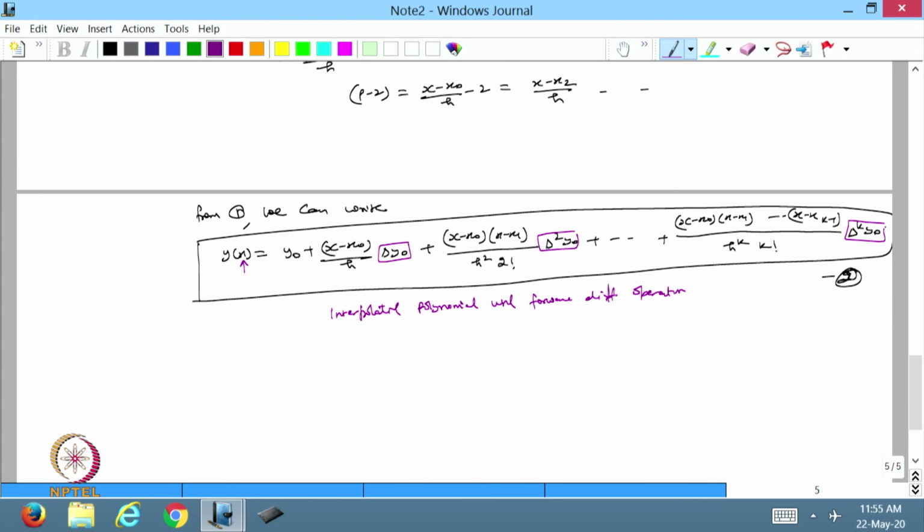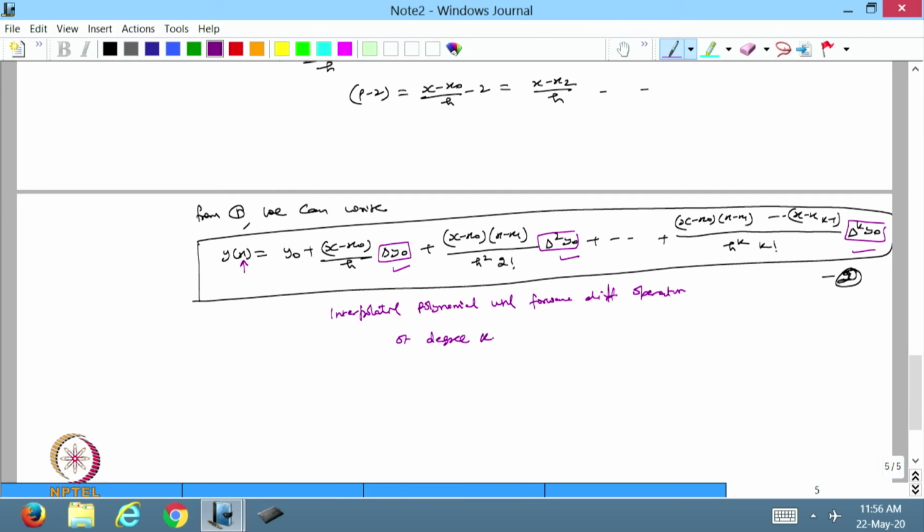So, to implement this equation number 2, we have to first make the finite difference table, and from the finite difference table we have to calculate the value of these differences, and then substitute those values, putting the value of all these data points x naught, x 1, x 2. Then after substituting all these values, you will get the interpolating polynomial using forward difference of degree, going up to x k minus 1.